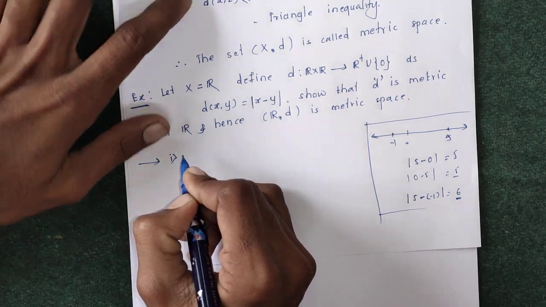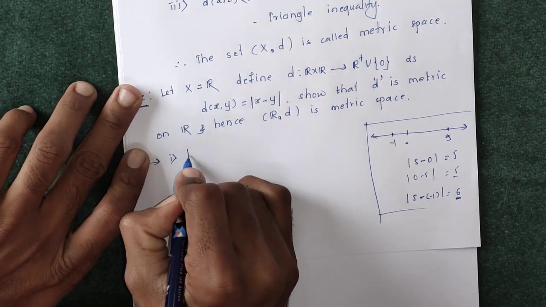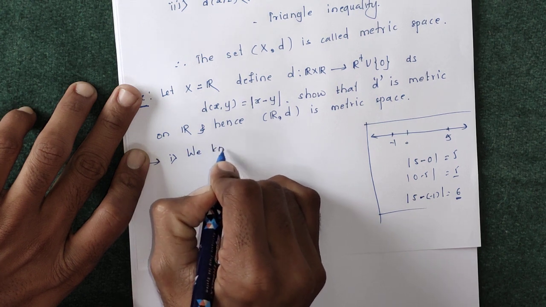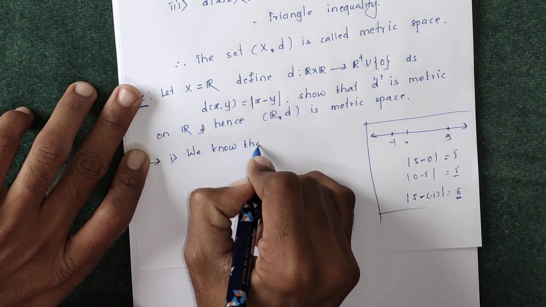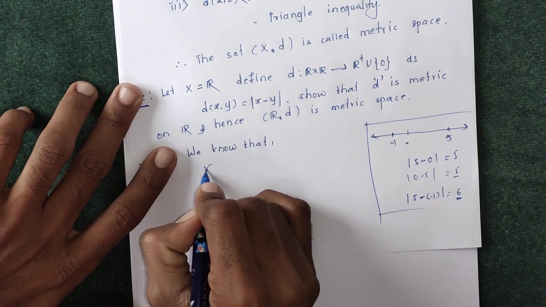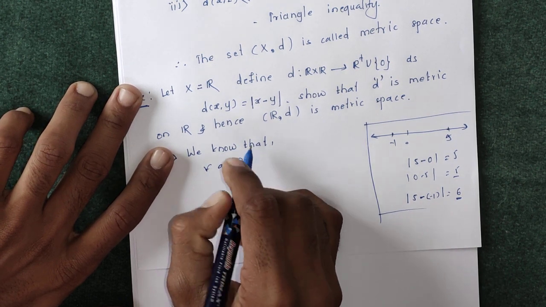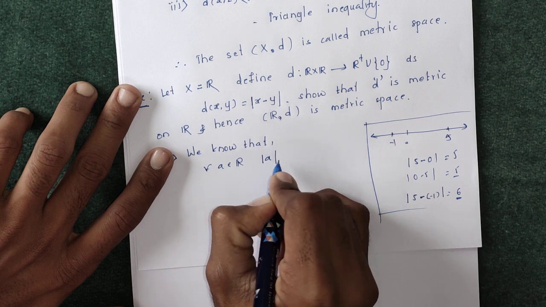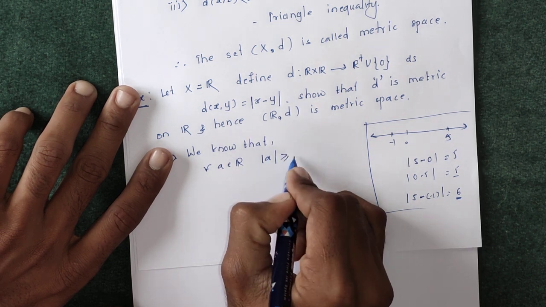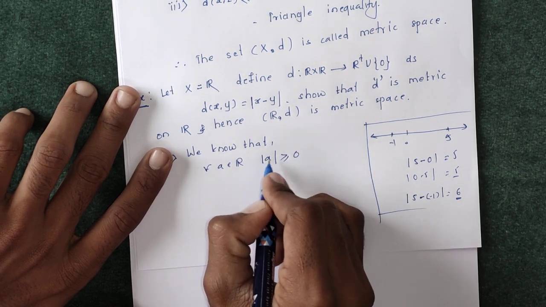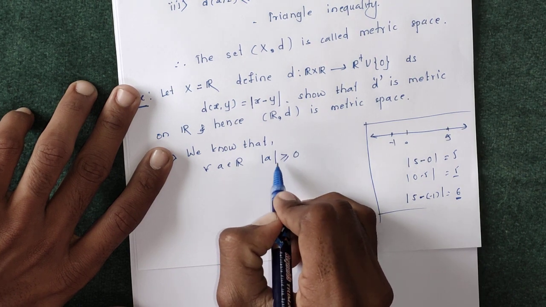To verify the first property, we know that the modulus of any real number, that is, for all a belongs to R, mod of a is always greater than or equal to 0. If a is equal to 0, then mod a is equal to 0. If a is equal to minus 1, then modulus of a is equal to 1.